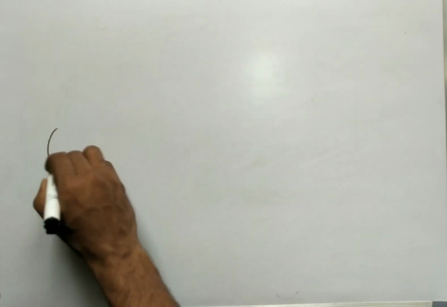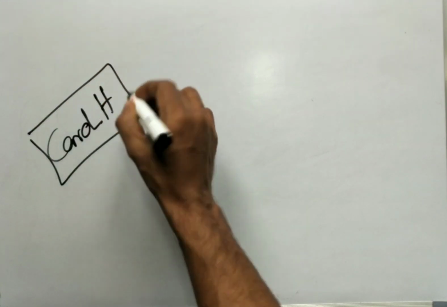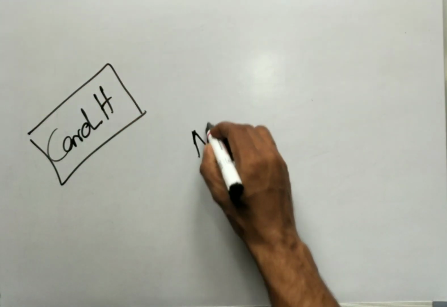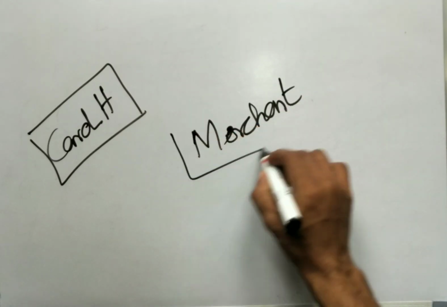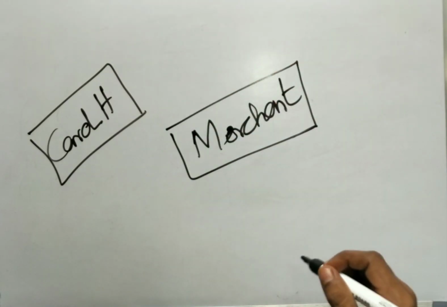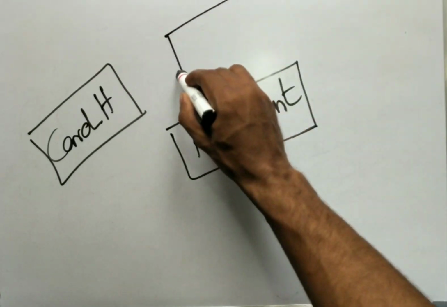So we know that there is the card holder or the user, and there is the merchant. We know to whom we conduct business, and here we have the financial institution.